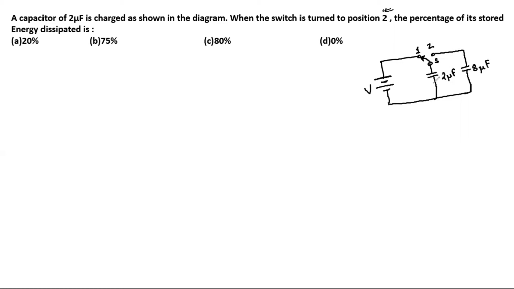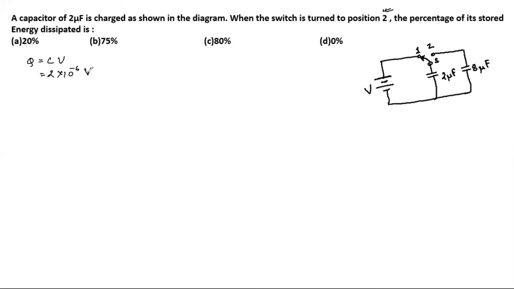Now when this 2 microfarad capacitor is fully charged, it will have a charge of, let's say, Q1 equals CV. Here C is 2 microfarad, 2 into 10 to the power minus 6, and V is the voltage of the battery when it is connected to position 1.